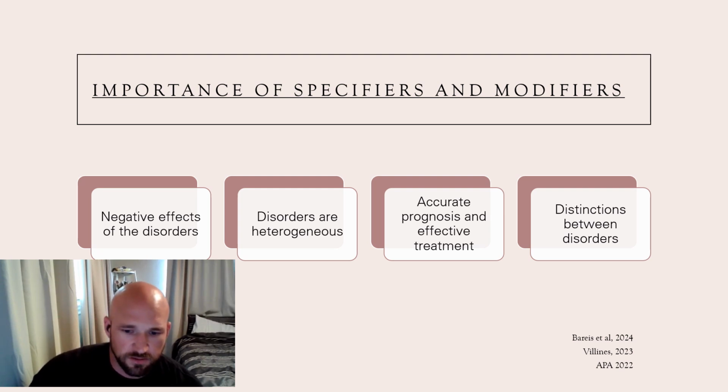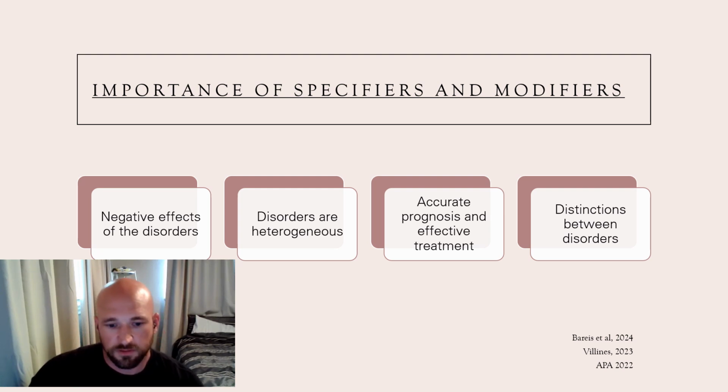The disorders are heterogeneous, so that means that they will vary greatly between individuals. They're really complex, and there are a lot of factors to consider whenever making a diagnosis. In order for us to have an accurate prognosis and to effectively treat it, we need to know all the different factors that might be influencing the disorder.